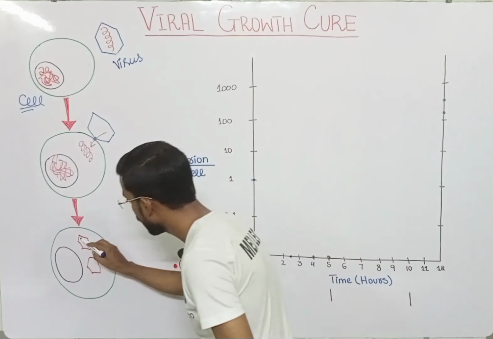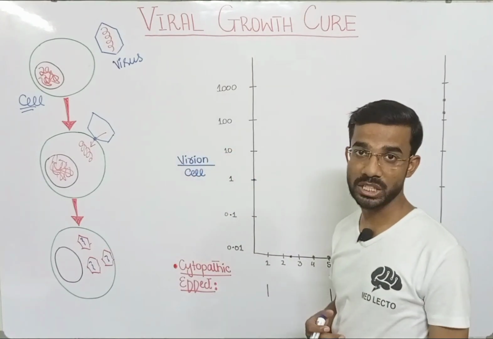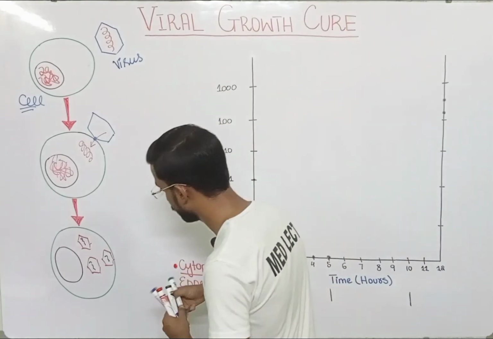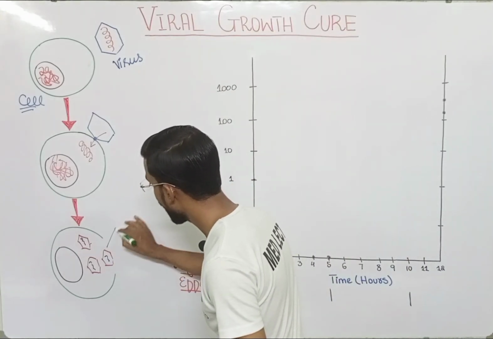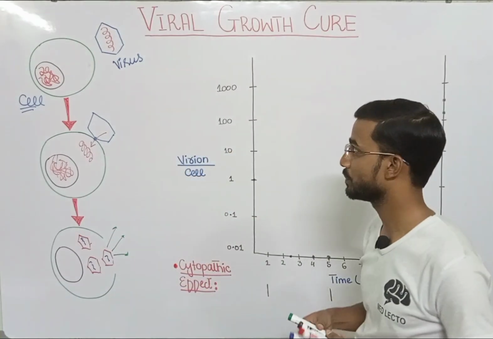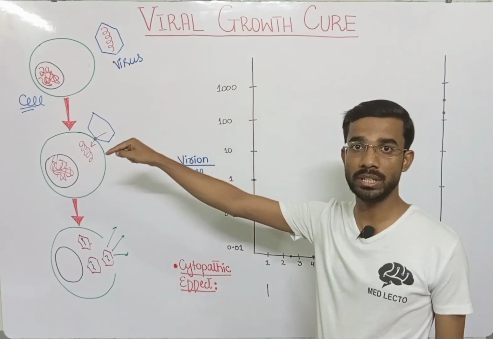Now in the cell, a lot of viruses are produced, and after that the cell will rupture and the new viruses are released. Notice that only one virus entered the cell.